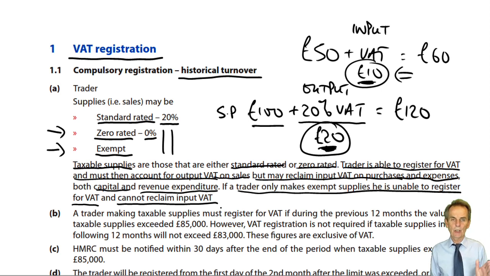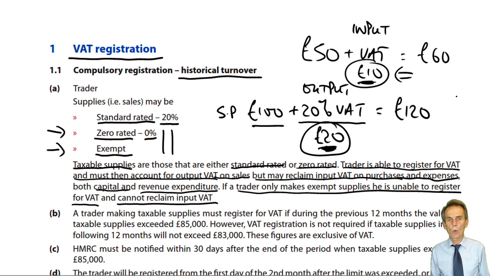So where I've got standard rated purchases and expenses, and standard rated outputs, here again are sales, then we will account for VAT on the excess of the output tax minus the input VAT.